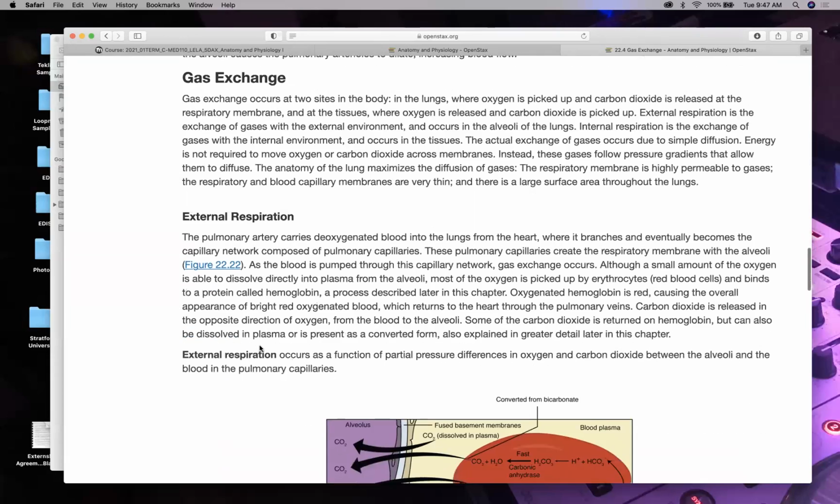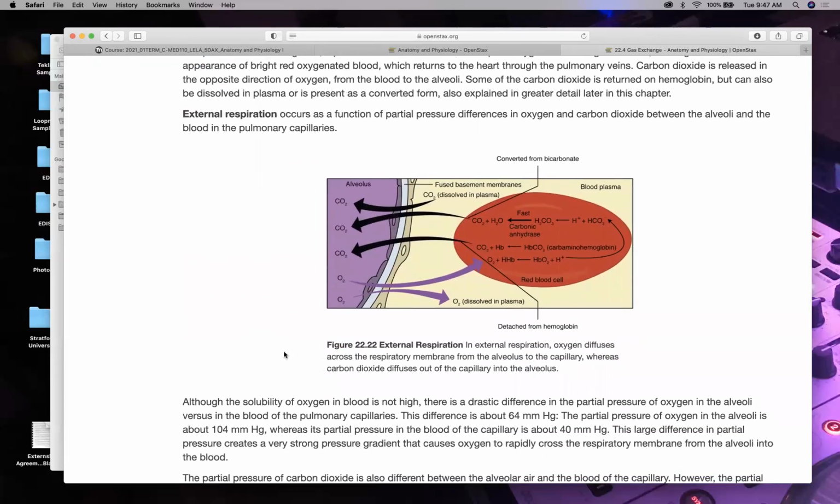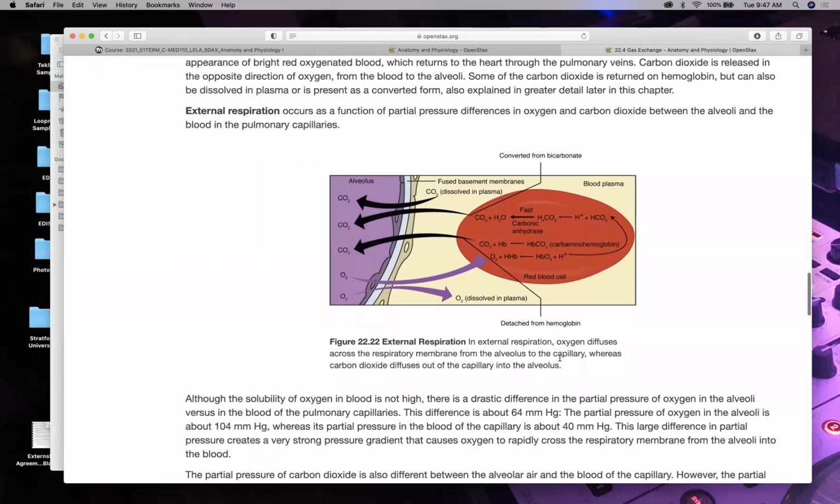Now, when we use the word respiration, respiration just simply means the exchange of oxygen and carbon dioxide. So we already seen different levels. We already seen it at the organ level where the lungs and the atmosphere trade oxygen and carbon dioxide.